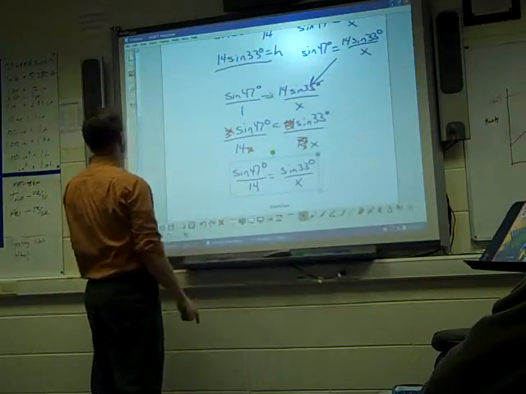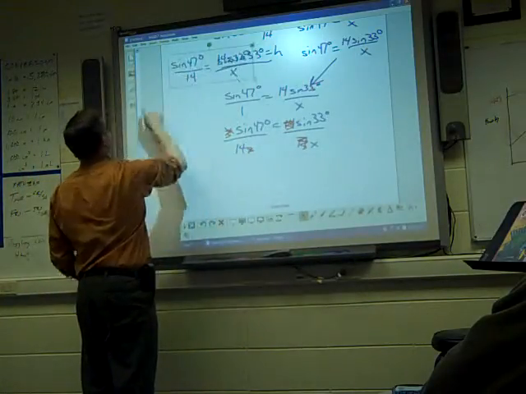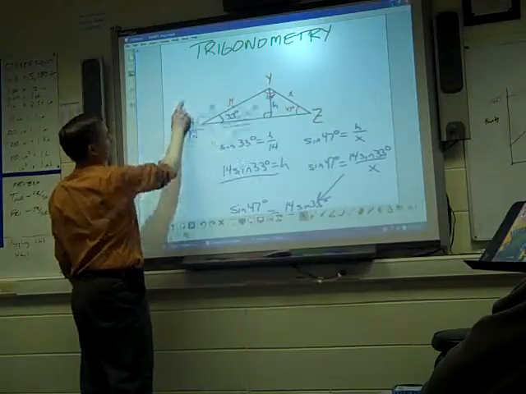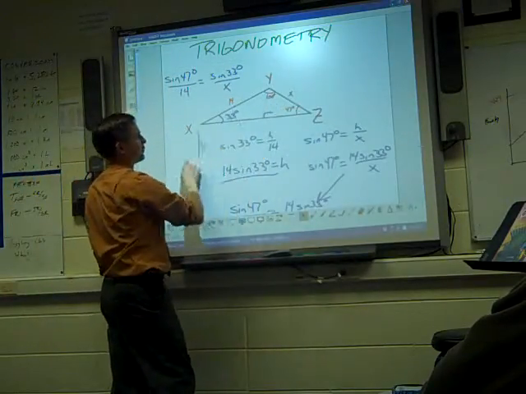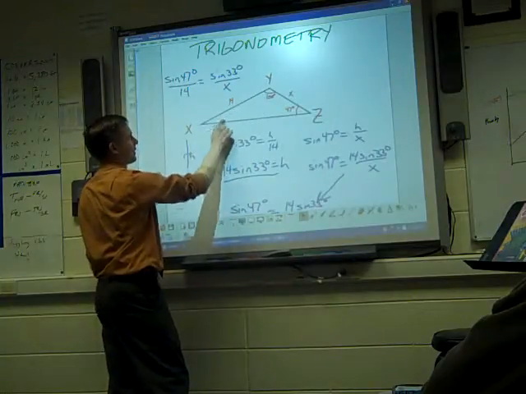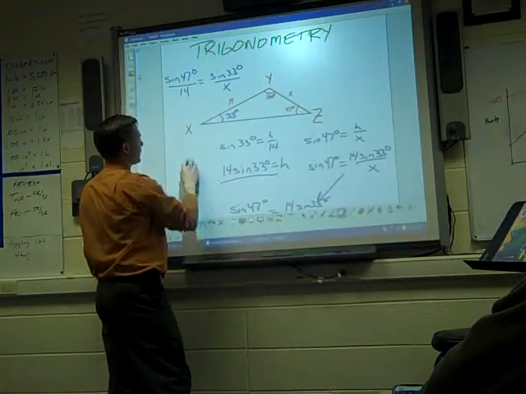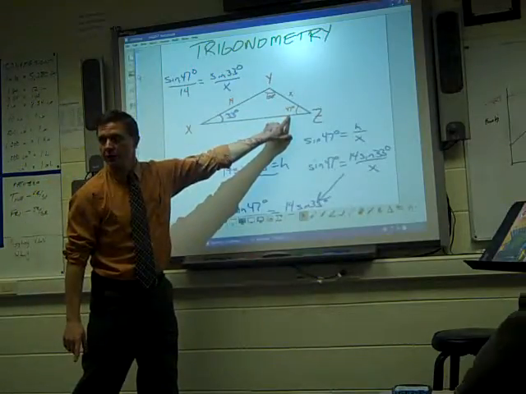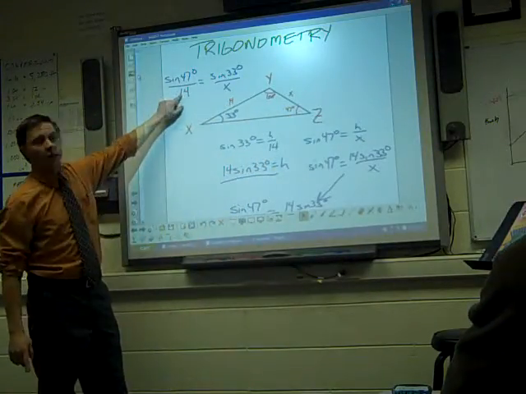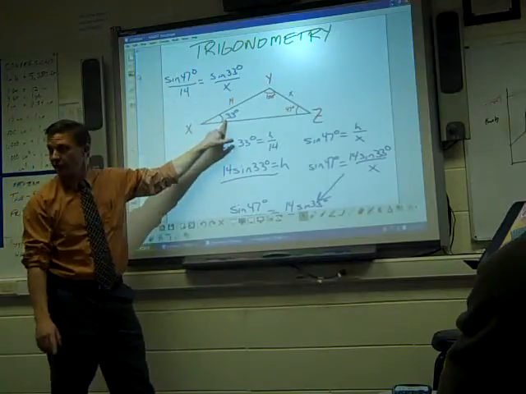But I'm going to take this ratio all the way back to the top of the board. And I'm going to pull out the blue that I put in the board here. And I'm going to look at this triangle. I'm going to leave the 33. And I'm going to look at the triangle again. Sine of 47 is here, right? 14 is across from it. Sine of 33 is here.